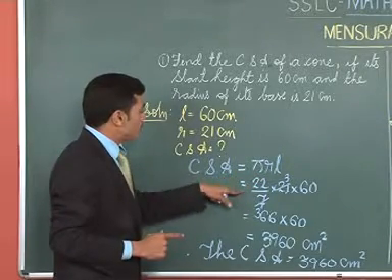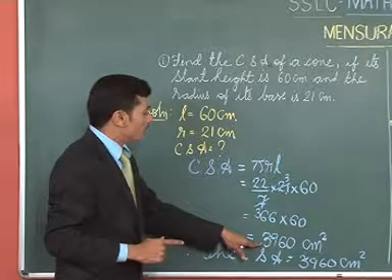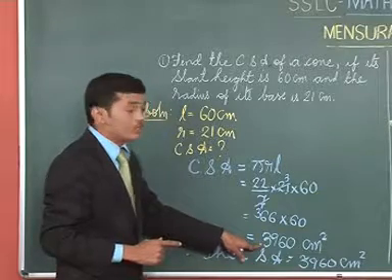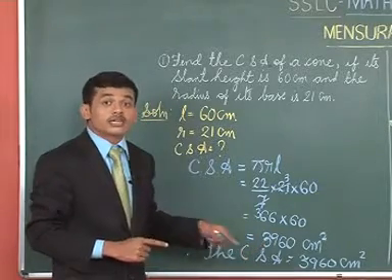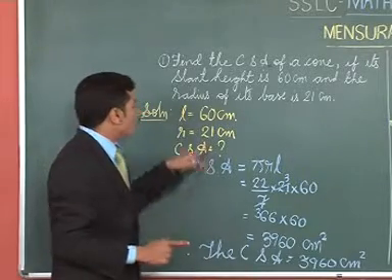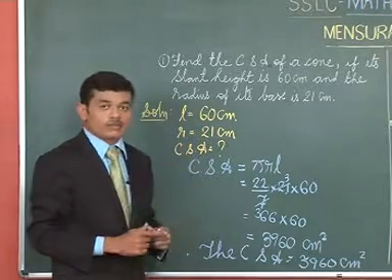And now just substituting the value of r and L, we have got the value 3960, that is 3960 centimeter square. So, this is the curved surface area of a given cone with slant height 60 centimeter and the radius 21 centimeter.